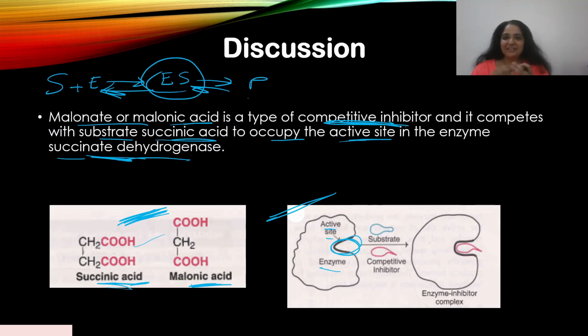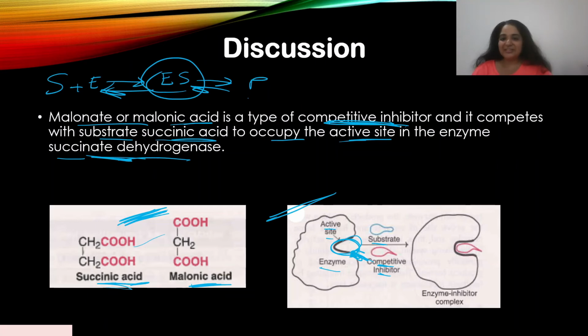So it will attach into that pocket, the active site pocket. The competitive inhibitor can attach itself into that pocket, the enzyme thinking that it's a substrate, but it is not a substrate, it's an inhibitor.